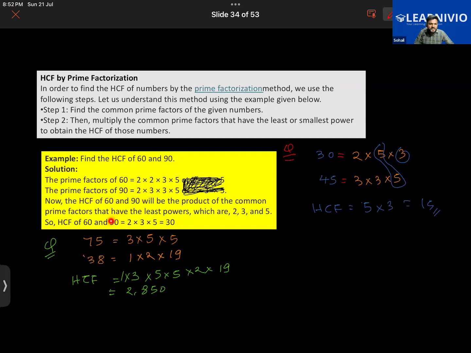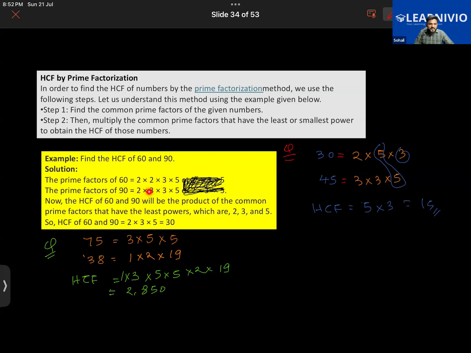Then in order to find the HCF of the two numbers, notice how we have taken the numbers of the lowest order. So here we have taken those factors which are less in number. Like in these two, only one 2 has been taken here.